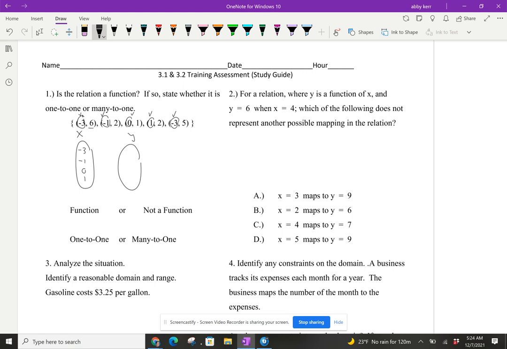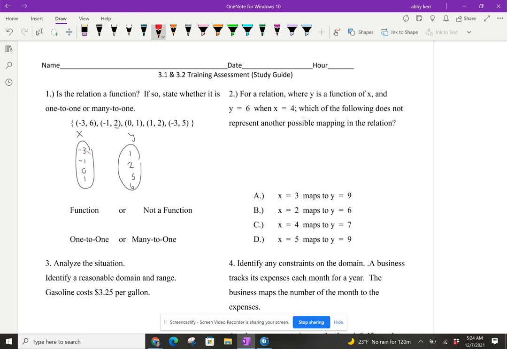Now we're going to do the same thing for the y's. So the smallest y is 1, 2 repeats, so I'm going to write it once, then 5, and then 6. Now after you do that, you figure out what maps to what.